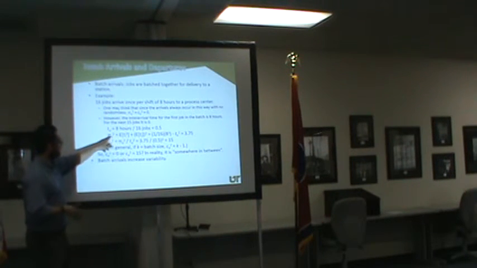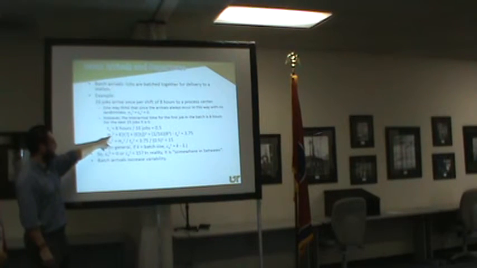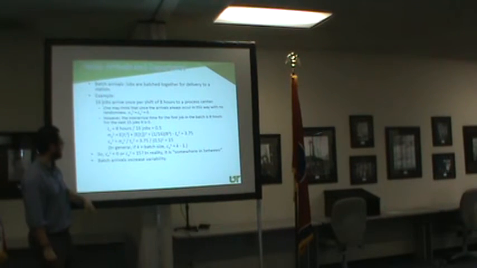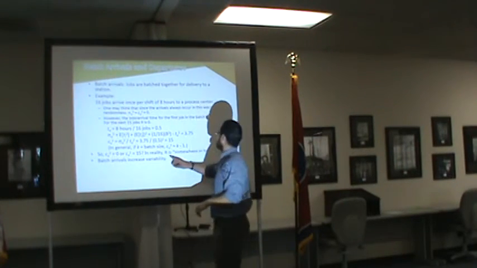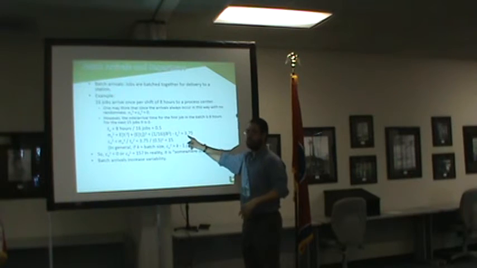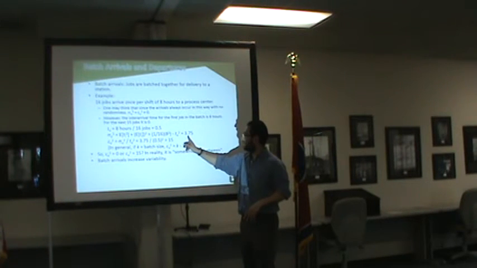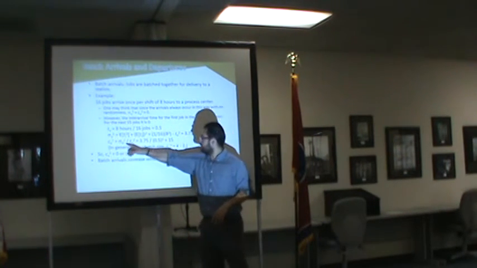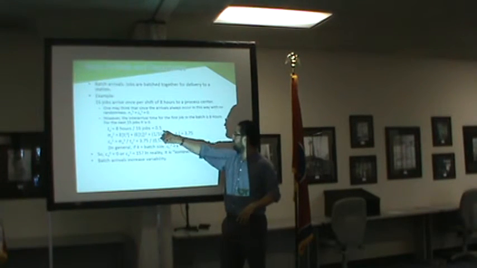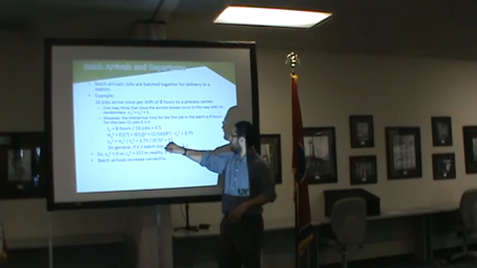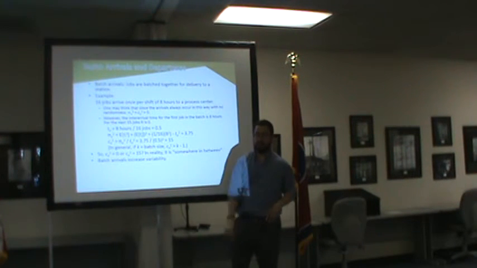If we use the other formulas to calculate the variation or the standard coefficient, this is the variance here. We have that variance equals 3.75. Therefore, coefficient of variation squared is just 3.75 divided by 0.5, equals 15.